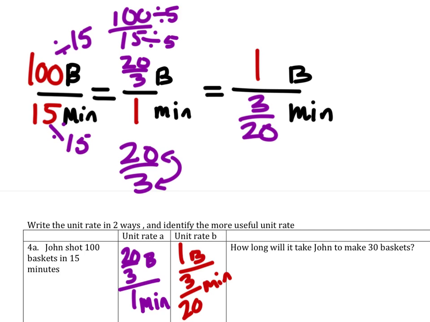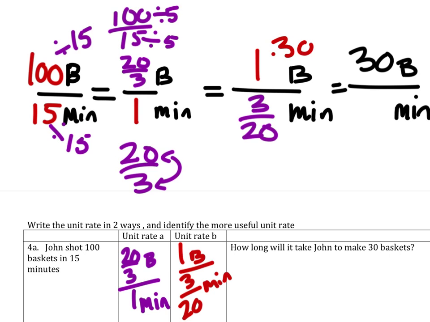The next question asks how long it will take John to make 30 baskets. So we'll make another fraction that is equal to these. If we want 30 baskets, I would multiply the 1 by 30, so I would use this unit rate. And then I get my 30. But then I have to multiply the denominator by 30 as well, which would be really 30 over 1.